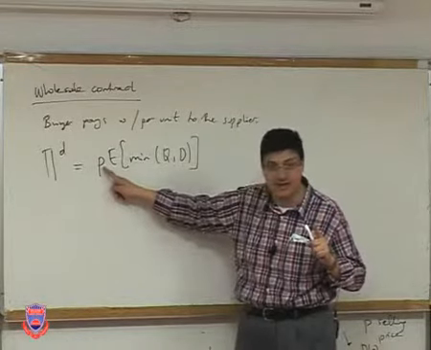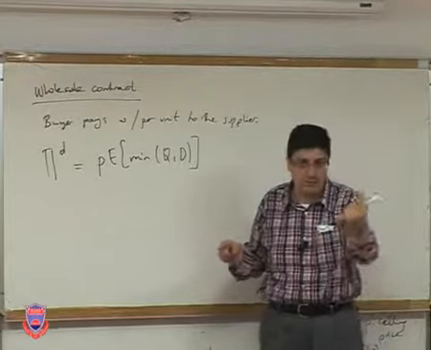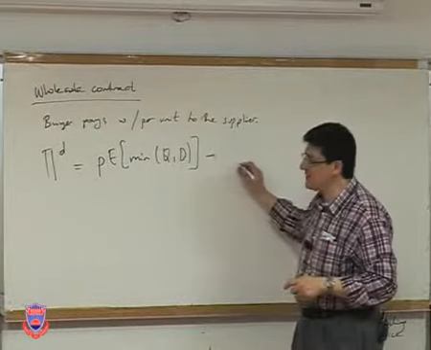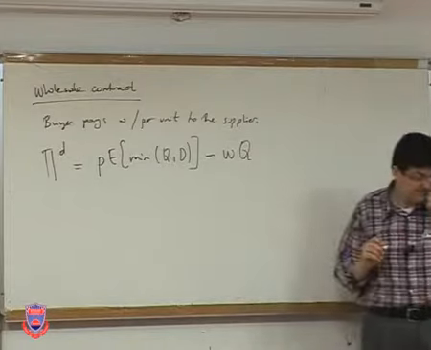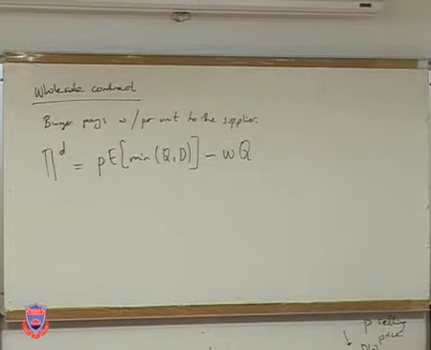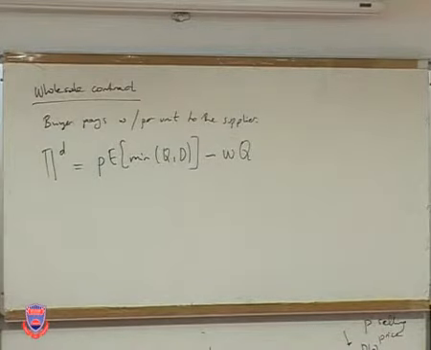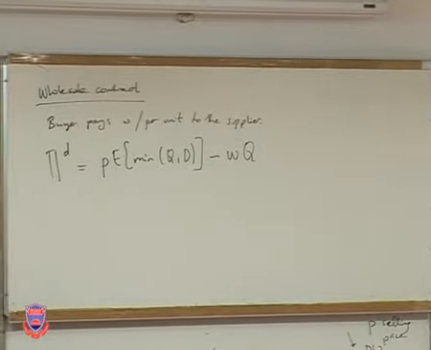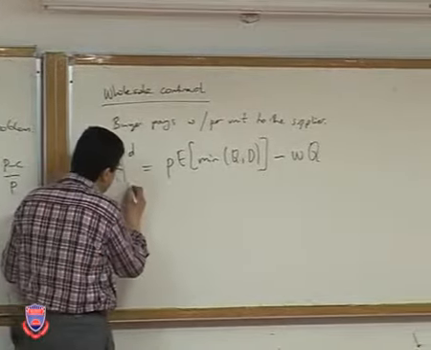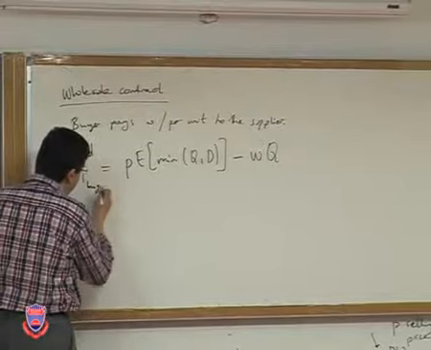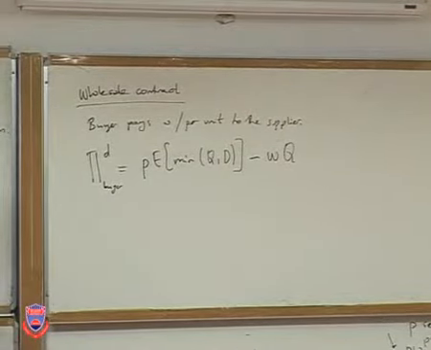For each quantity that you sell, you receive a price of P, minus, now I'm going to have WQ. Now we're coming to the part where we set up the analogy. So this is decentralized, and let me write here 'buyer', because this is the profit function of the buyer.